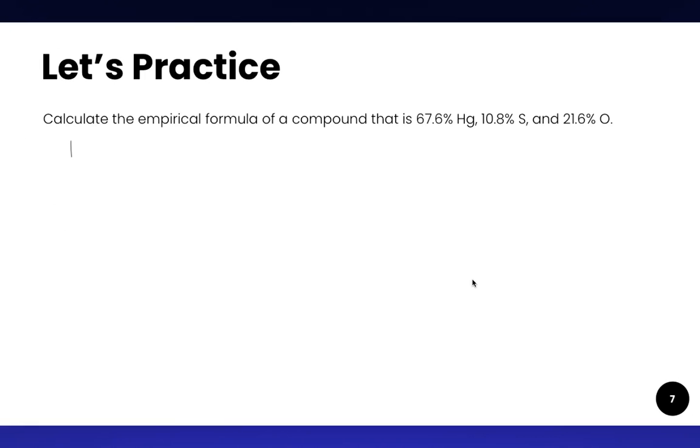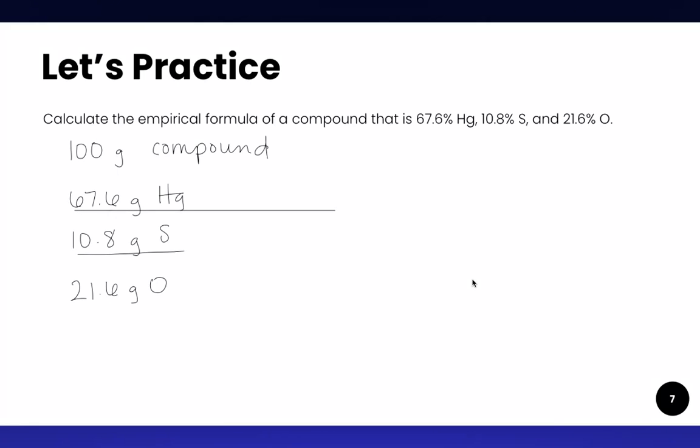Again, we're going to assume a 100-gram compound, which means we will have 67.6 grams of mercury, 10.8 grams of sulfur, and 21.6 grams of oxygen. Let's convert all of these into moles.